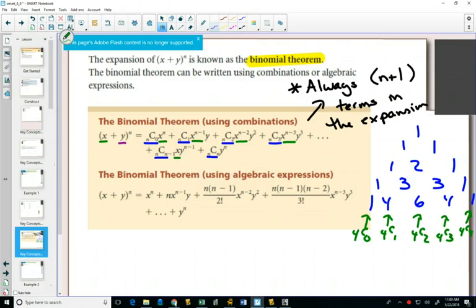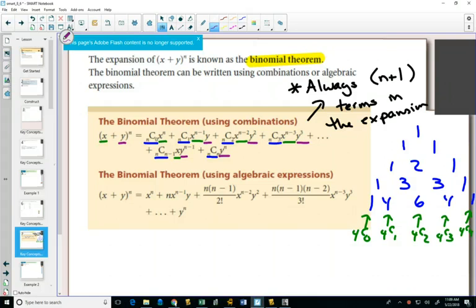So if the exponent is 4, you would have x to the 4, then x cubed, then x squared, then x to the 1, and you go down until you have none of them left. With your second term, you start with none of them. The second term has 1 of them, then 2 of them, then 3 of them, and you keep going up until you get to all n of them.